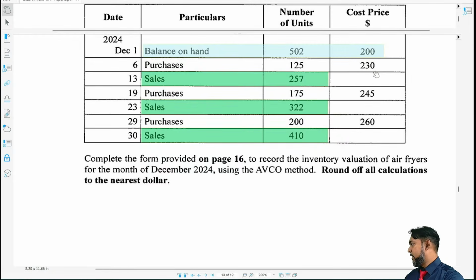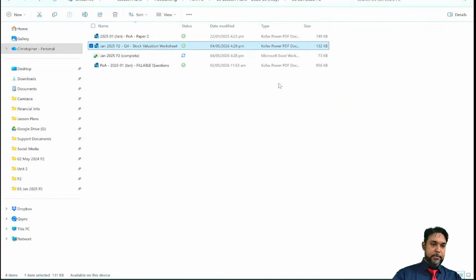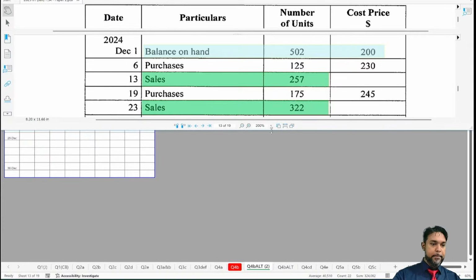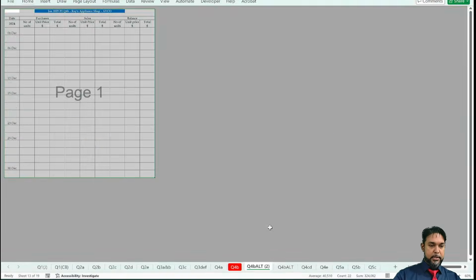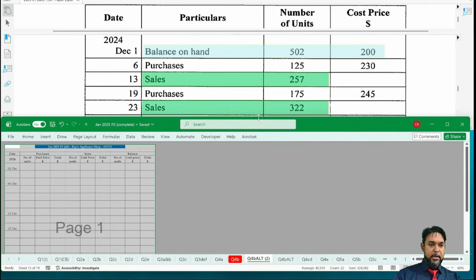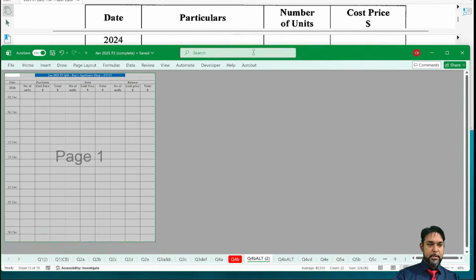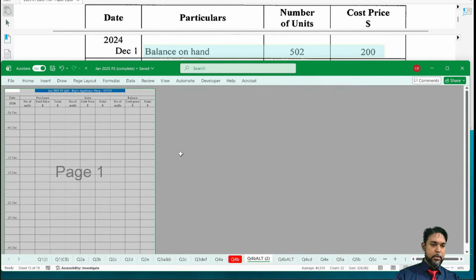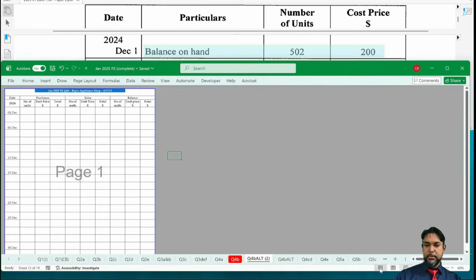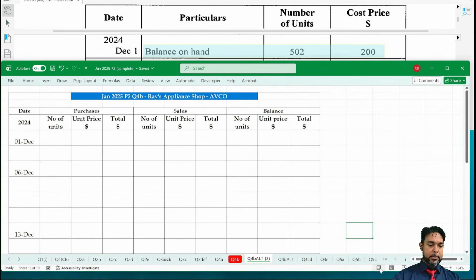It's not super hard. I'm not trying to make it out to be impossible. It's just that I found that particular format annoying. We're going to zoom in.